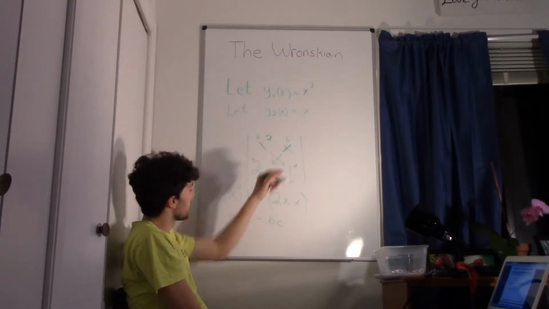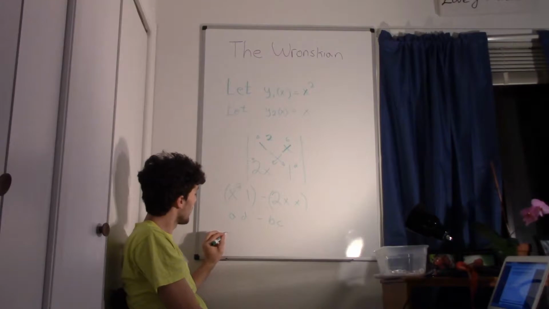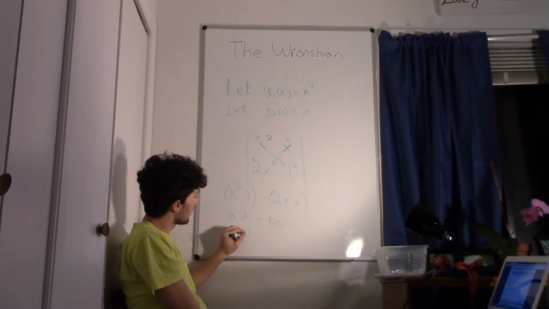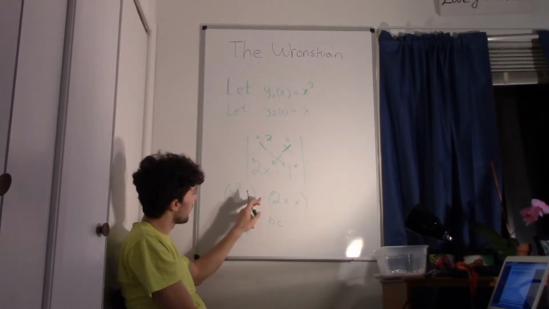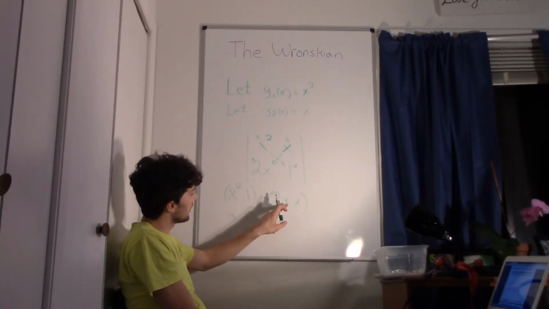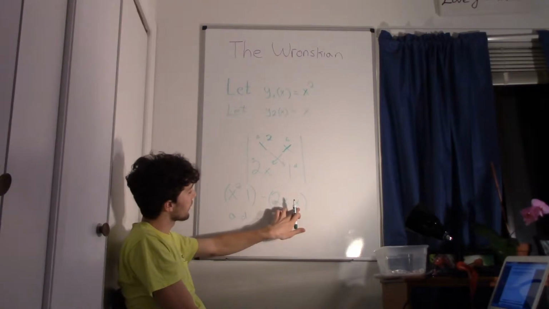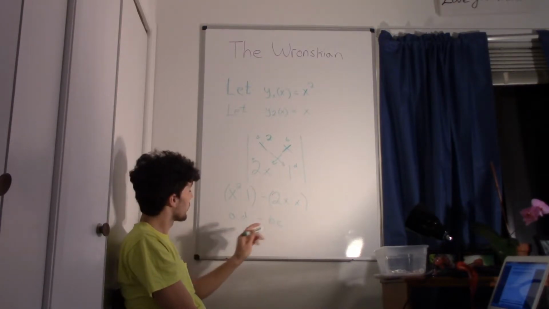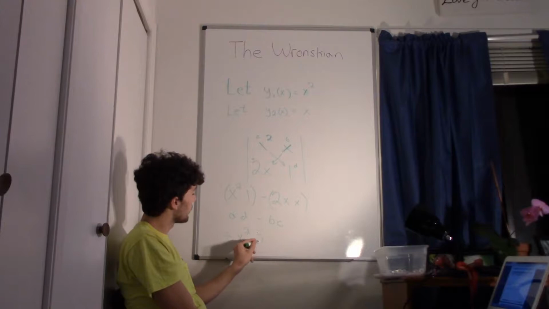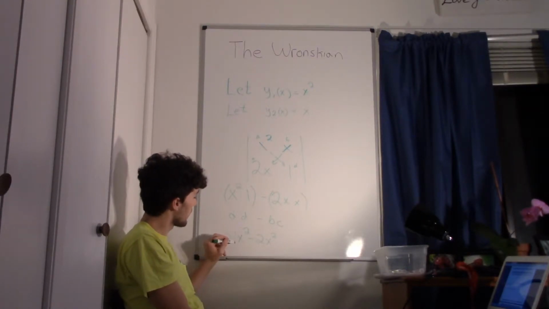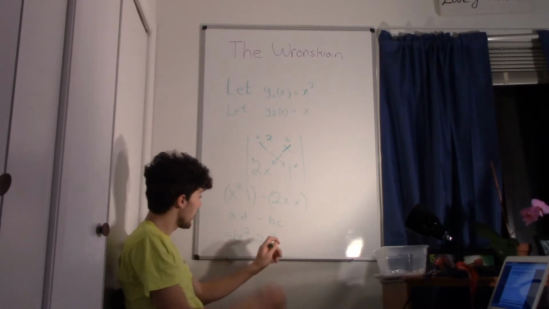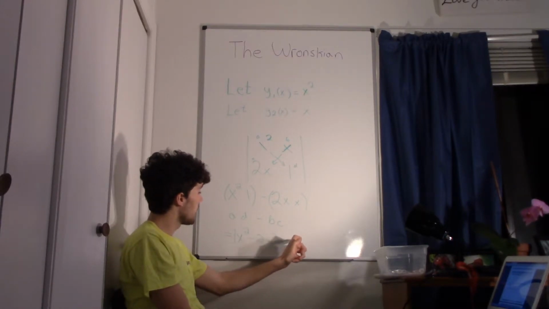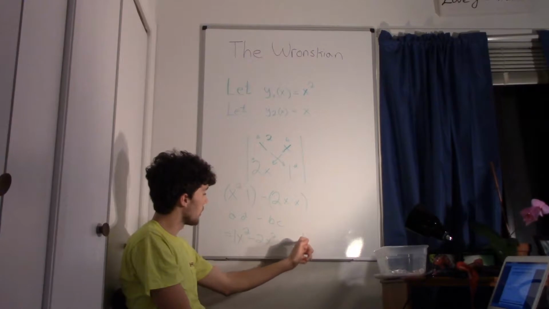So we have 2x times x. Our final answer becomes x squared times 1 is x squared, minus 2x times x. The two x's come together to make x squared, so it's minus 2x squared, and if we have 1x squared and we take 2 more away, we are left with negative 1x squared.